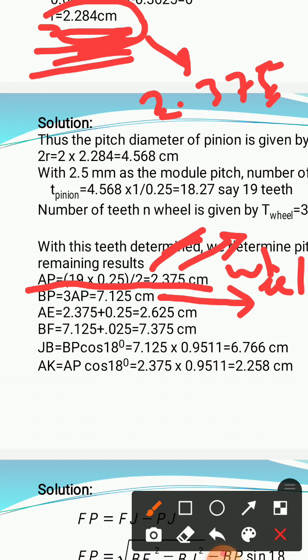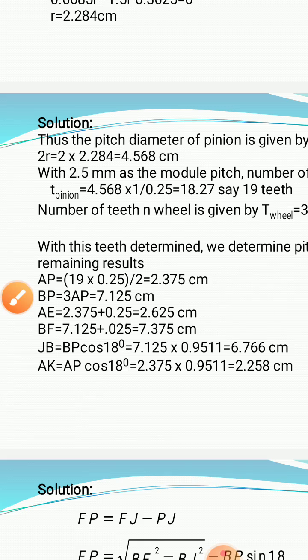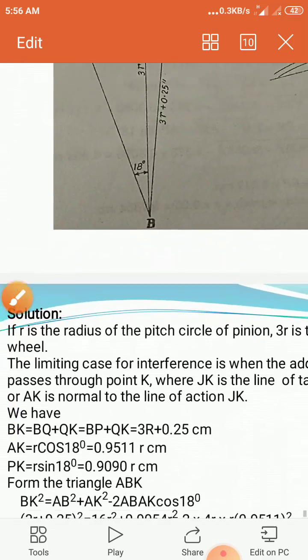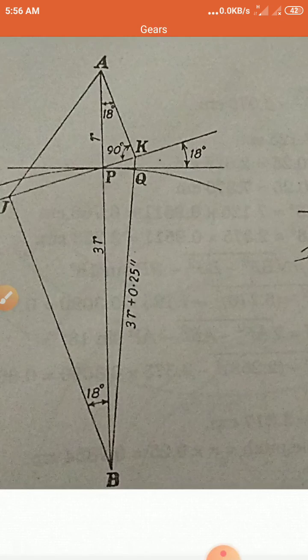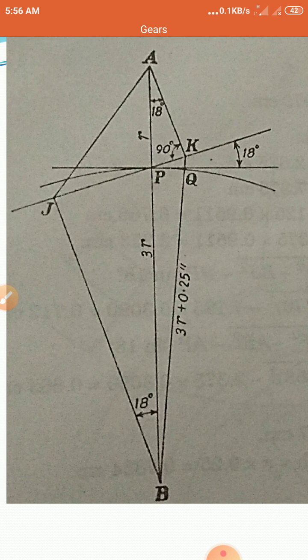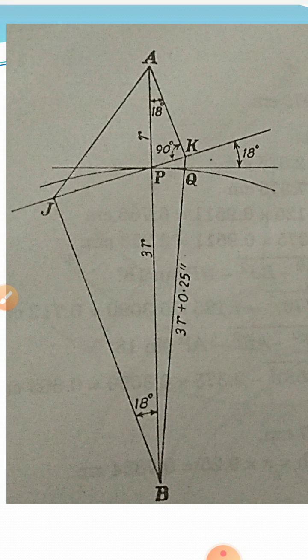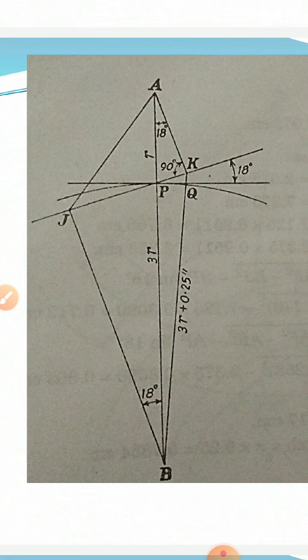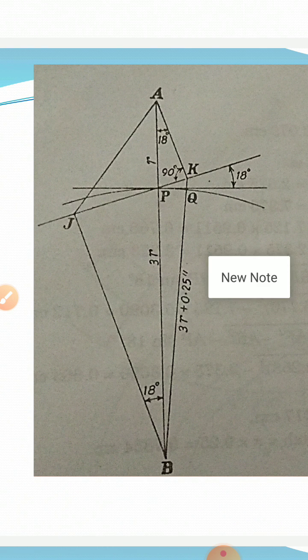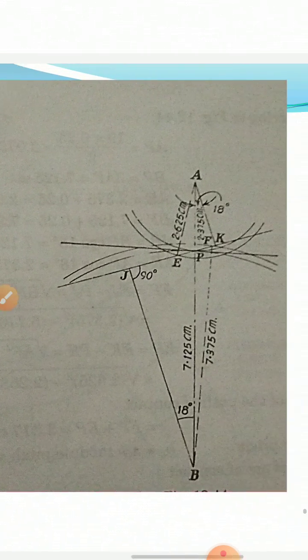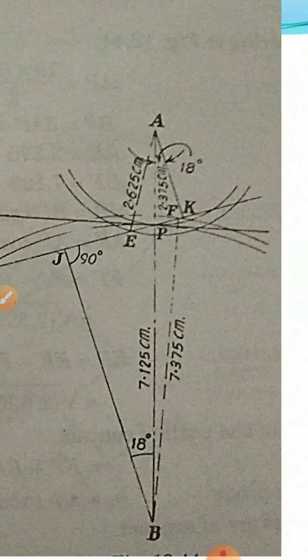With these changes, our previous diagram changes. Our previous diagram is like this, but with the whole number of teeth, the pitch circle radii change, and by considering them we draw the modified diagram like this.